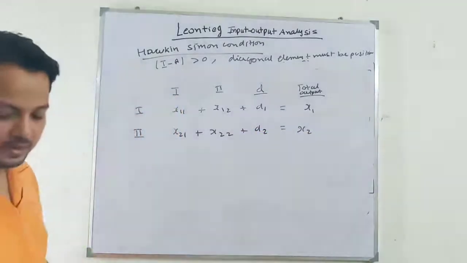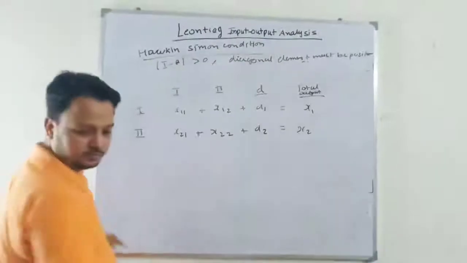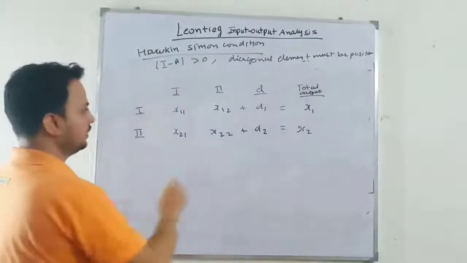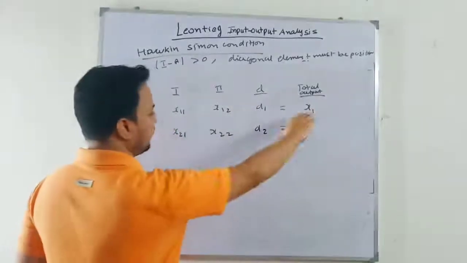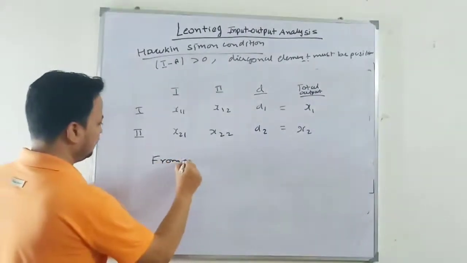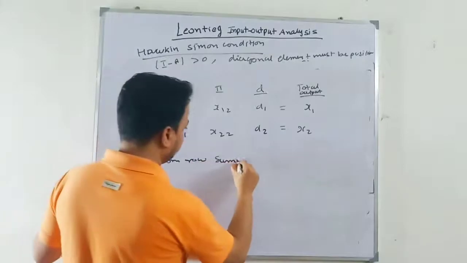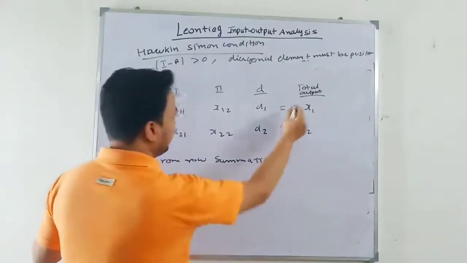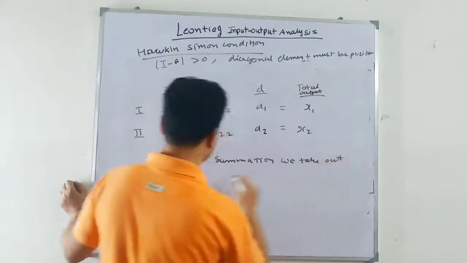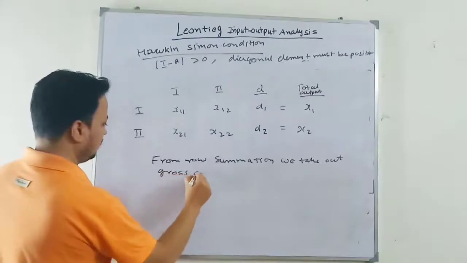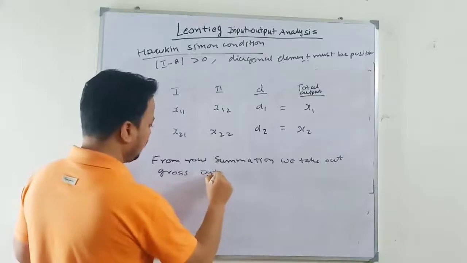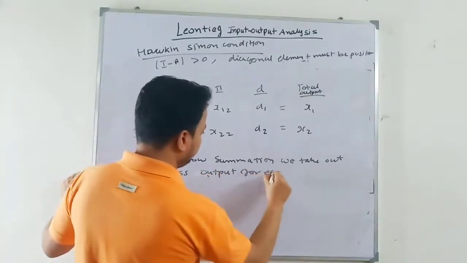And when we look from the column, this represents consumption. From the row, we take out gross demand. Let me write it down. From row summation, we take out gross demand, or gross output, better, for each industry.